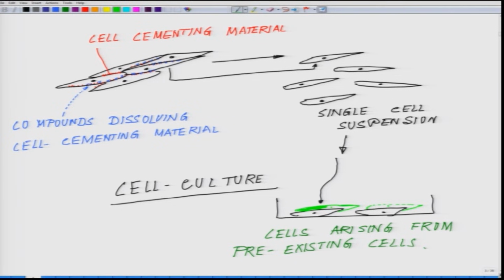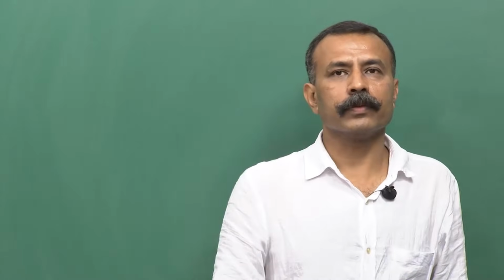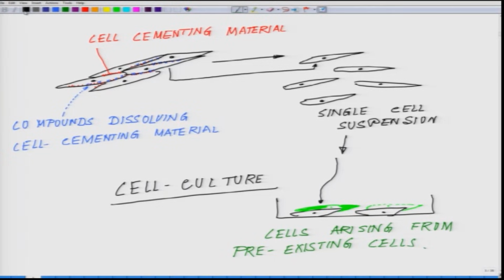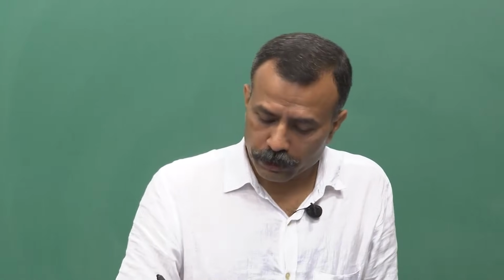Now, the question is, how closely is this new cell, which arose from the pre-existing cell, similar to its parent? So, if this one is the parent cell, and this is the progeny cell, yes, they look similar, but are they truly similar in terms of structure?